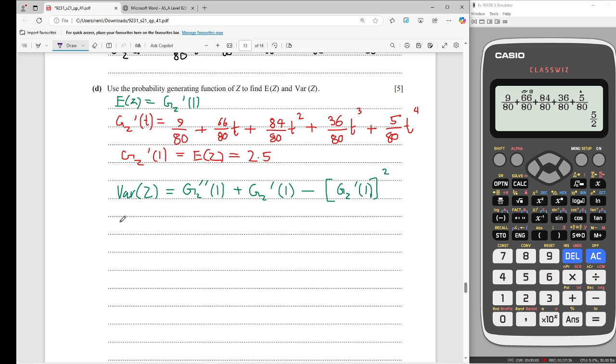So I'm going to factorize our earlier function. Okay, let me just factorize the first function so that our value becomes much simpler to calculate. G_z of t, I'm going to factorize 1 by 80 out of this.